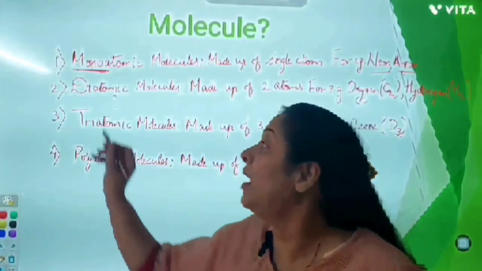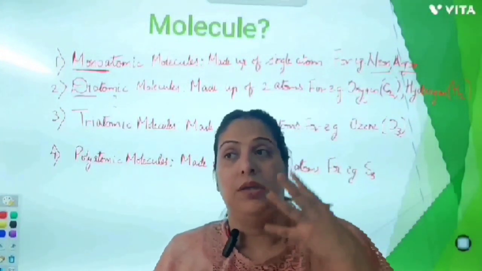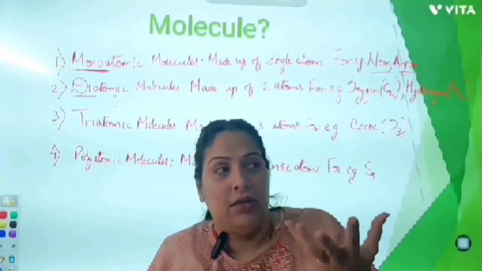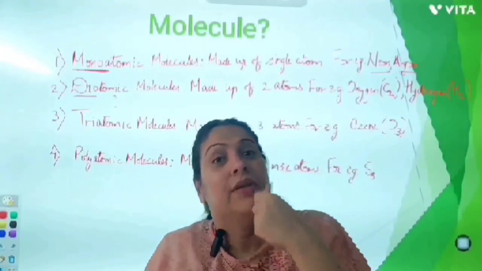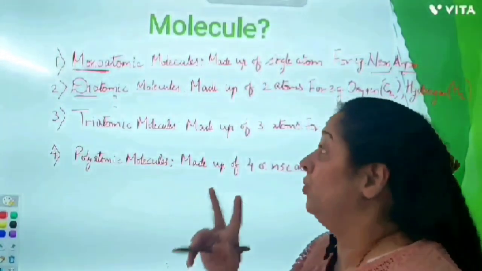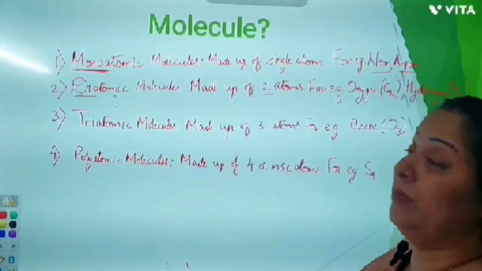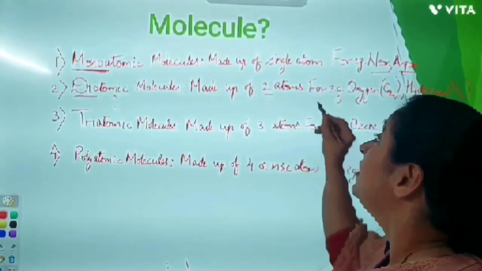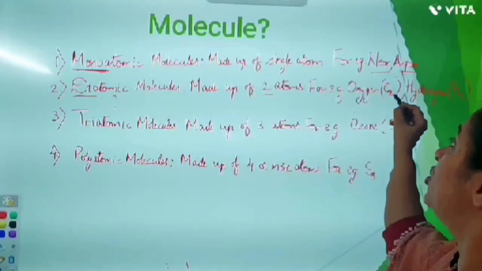Then we have diatomic. Di means two. Dialogue, dicotyledons. Dicotyledonous seeds, remember? Di means two. So when molecules are made up of two atoms, they are known as diatomic molecules.